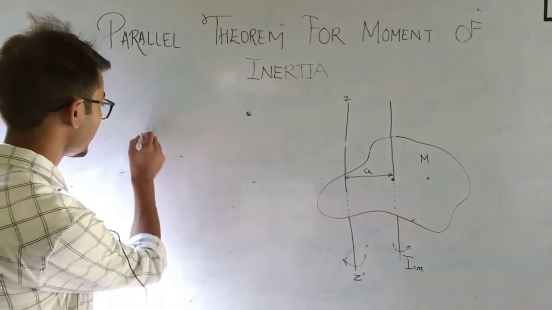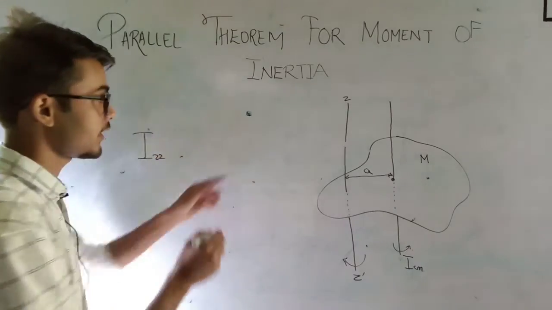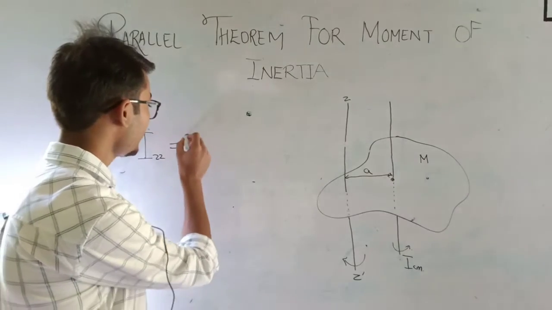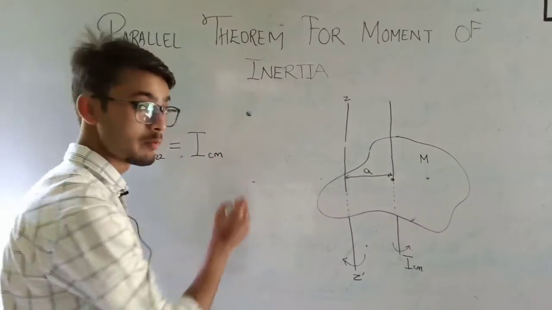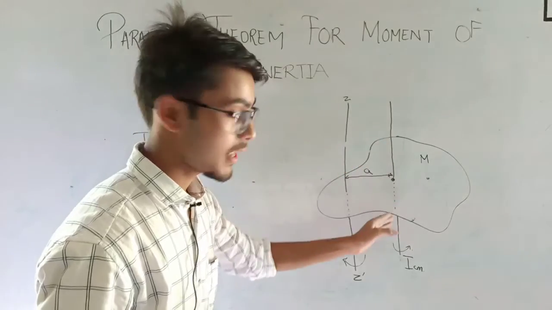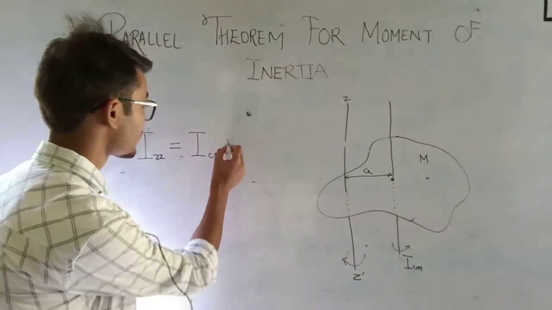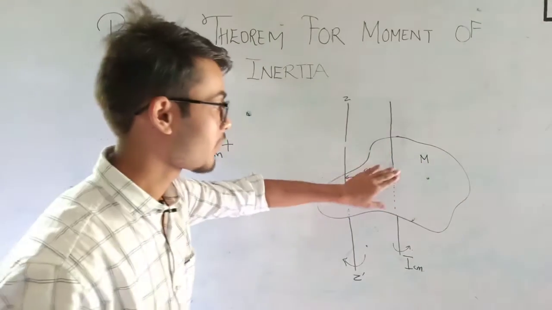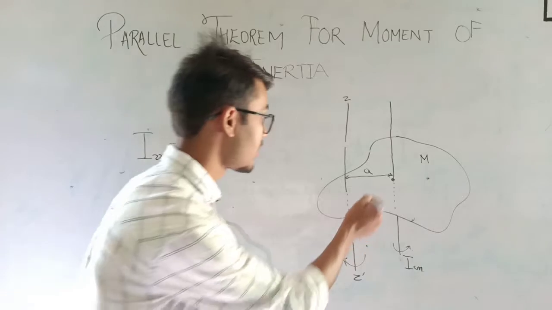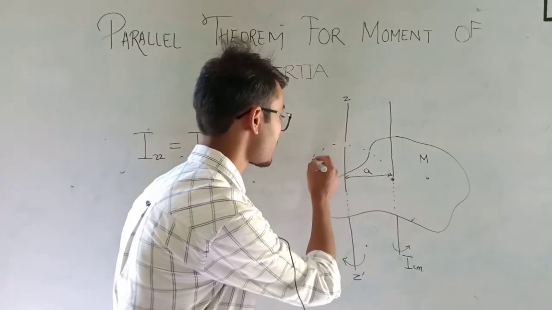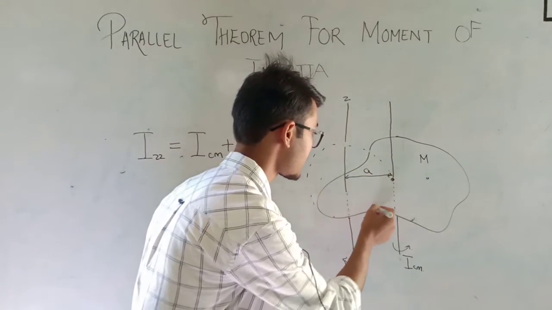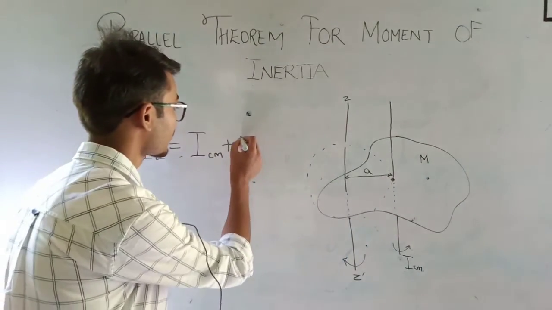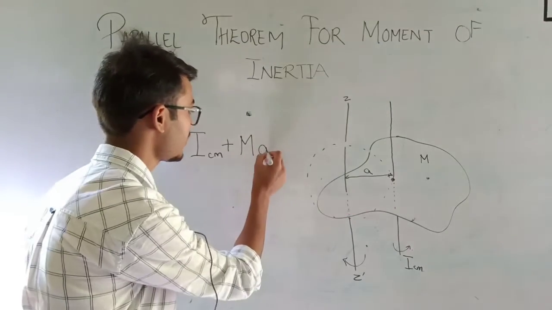So the moment of inertia about this axis, Iz, is equal to ICM, the moment of inertia about the center of mass axis, plus the term for the whole mass rotating about this axis, meaning the center of mass makes a circle around this axis, so the radius is a, giving M a squared.